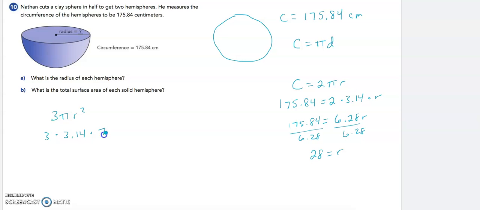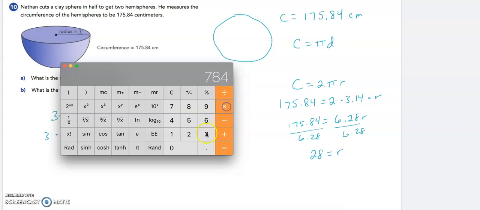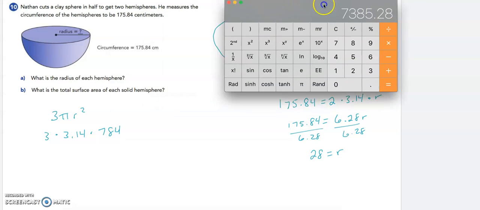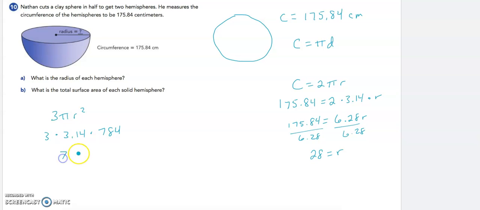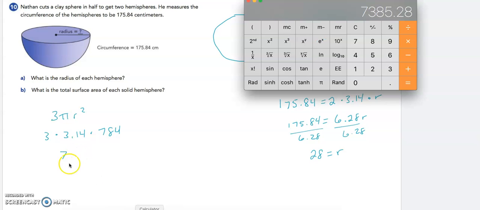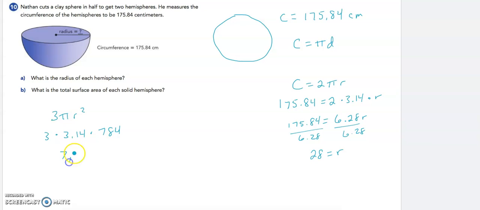Times 3 times 3.14 equals 7,385.28. Let's say 7,385.3 centimeters squared. That's the surface area. Perfect, this is the answer to B.